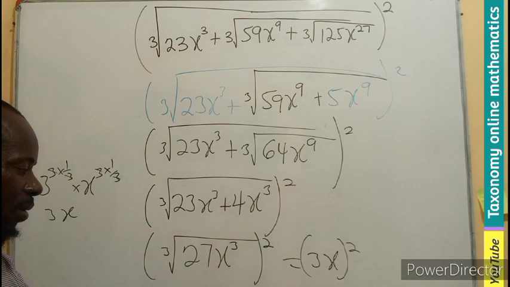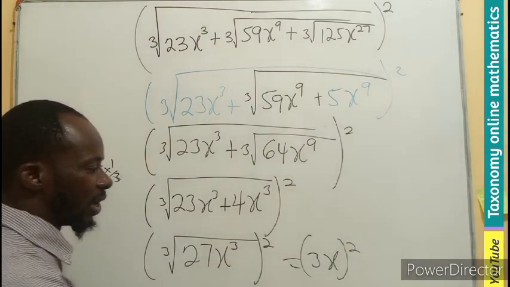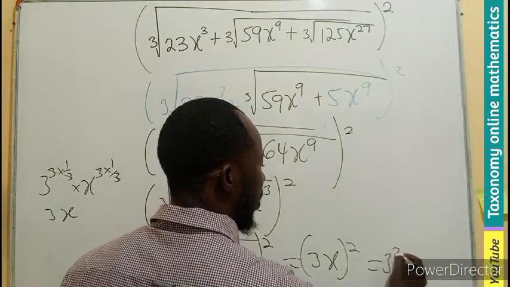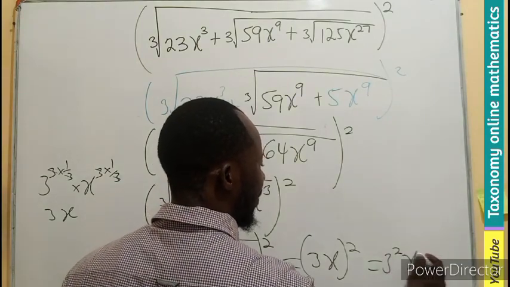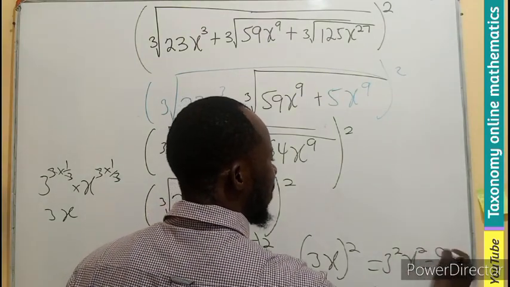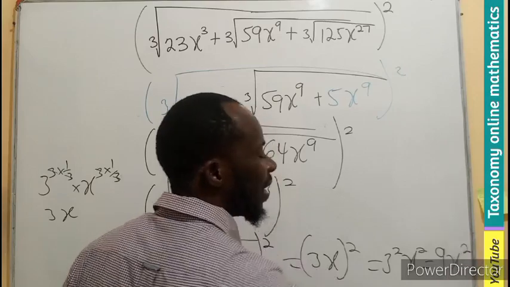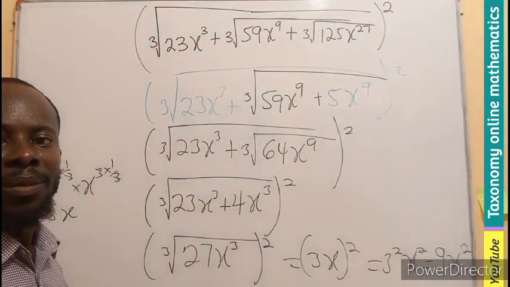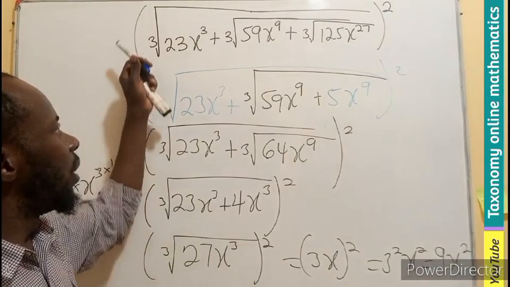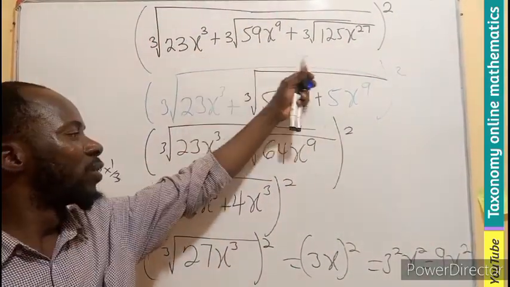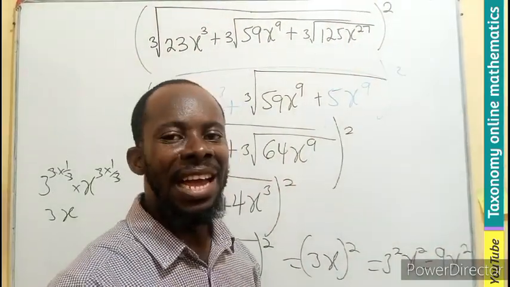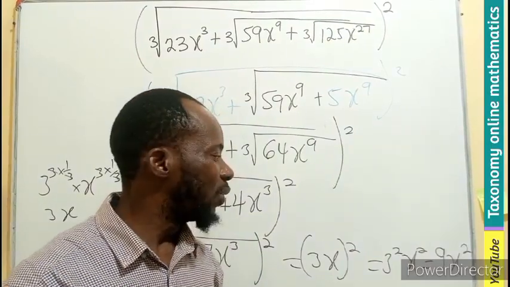Don't forget we are having all of this under the same bracket. So now this becomes 3 exponent 2 times x exponent 2, that gives us 9x exponent 2. So in all these roots, it just gives us 9x exponent 2.